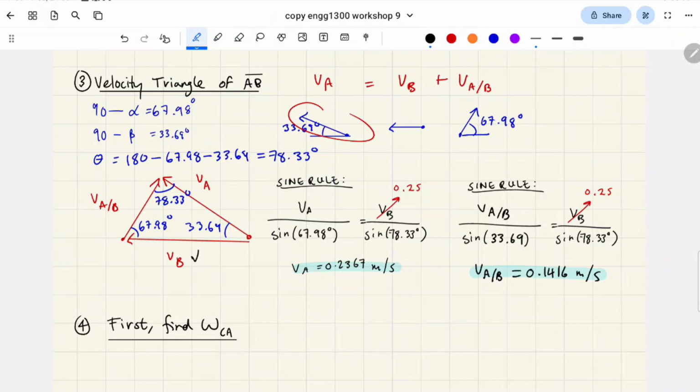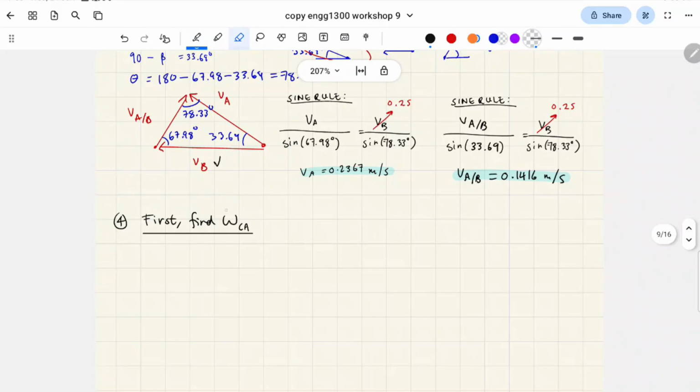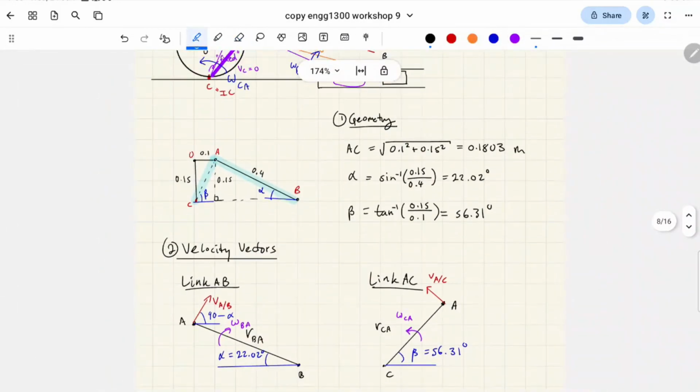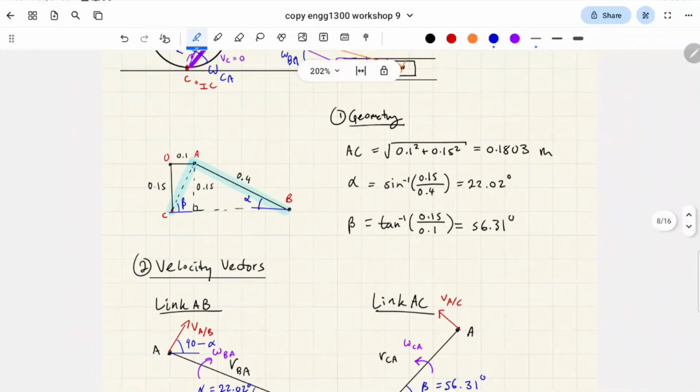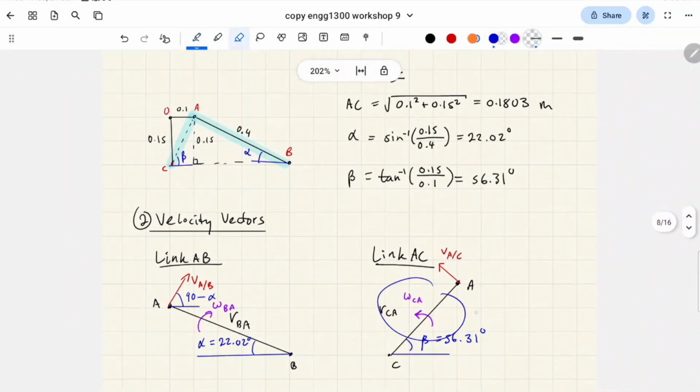Okay. So basically, we want to find omega CA, in terms of where that is, that's this one, right? Sorry, it's this one.